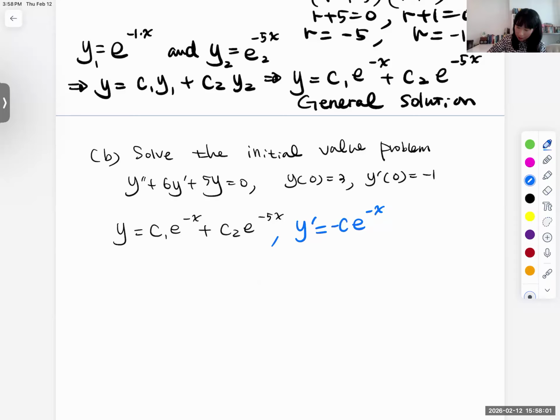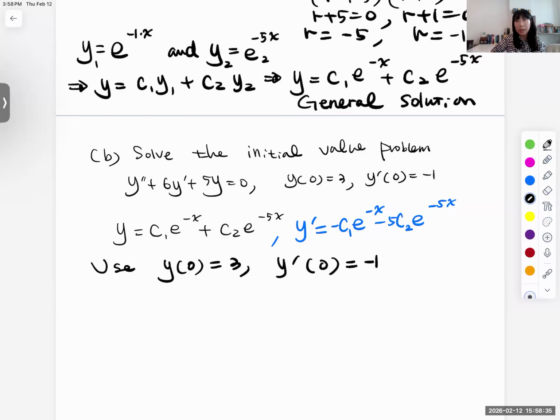So negative c sub 1 e to the negative x, plus we have e to the negative 5x times negative 5. So negative 5 c sub 2 e to the negative 5x, right? Okay, now we are using the conditions, right? So we have y of 0 equal to 3, y prime of 0 equal to negative 1, right?